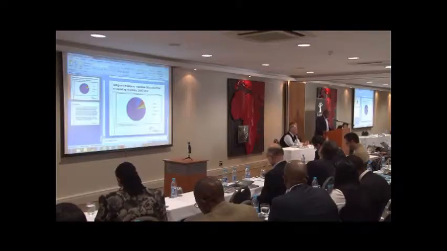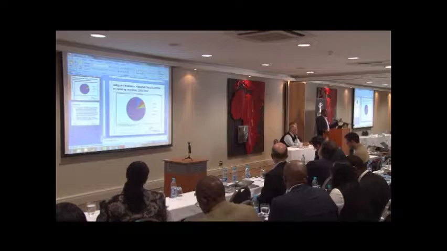We started from the base year of 2007 up to 2025, a period of 18 years, where we took the World Bank's projections of the performance of the world economy, took the GDP from those projections, and shocked it into the model, and we allowed the model to calculate the total factor productivity.